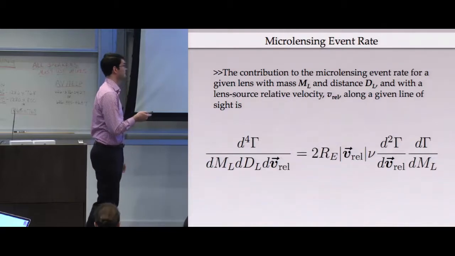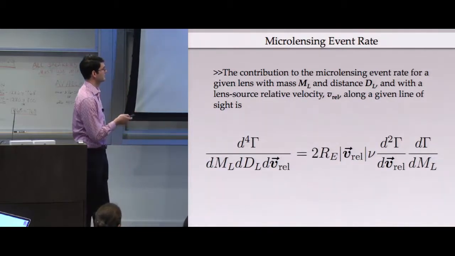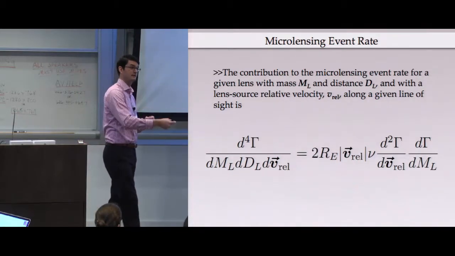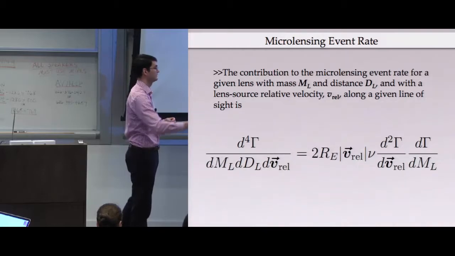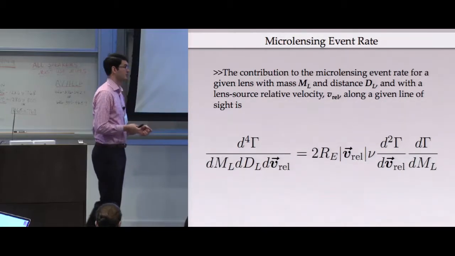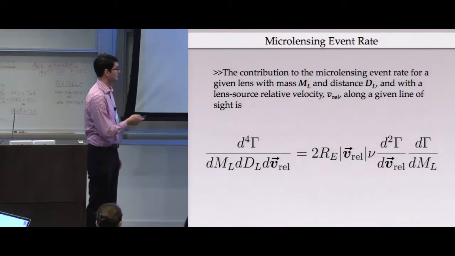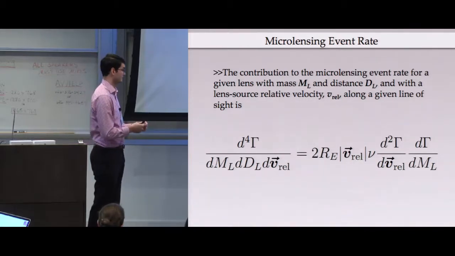And so this depends on the size of the Einstein radius, the relative velocity. This parameter nu here is a number density along the line of sight, because you can imagine that the more stuff there is between you and the galactic center, the higher the chance is that you will see a chance alignment of stars. And then we also have a dependence on the distribution of lens-source relative velocities.